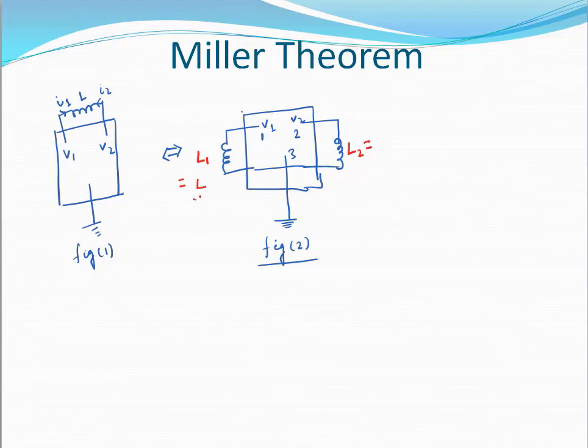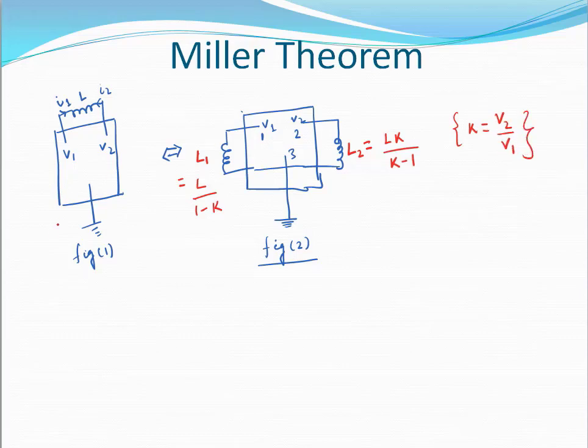L is the feedback element between the input and output terminal, and L1 is L by 1 minus K, and L2 is KL by K minus 1, where K is equal to V2 by V1.